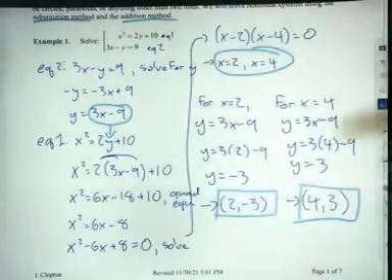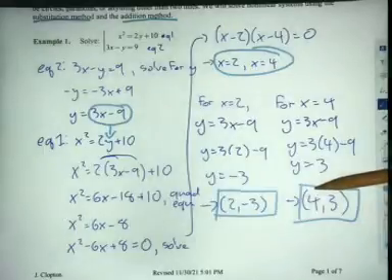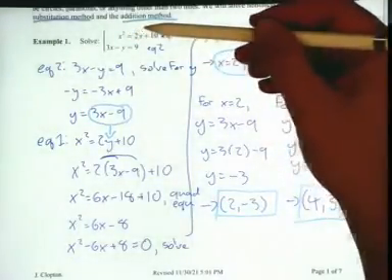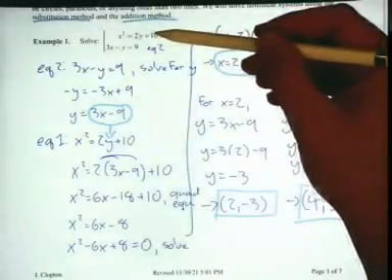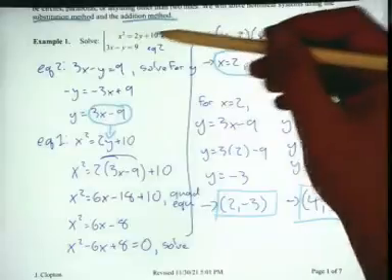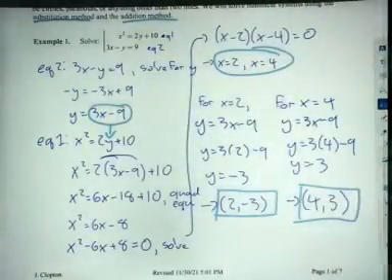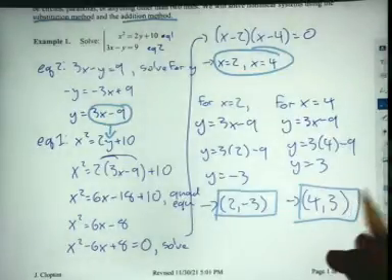Check. Second solution, 4, 3. 4 squared is 16. 2 times 3 is 6. 6 plus 10 is 16. 16 is equal to 16. Both these solutions check out. So here are our solutions to the system.